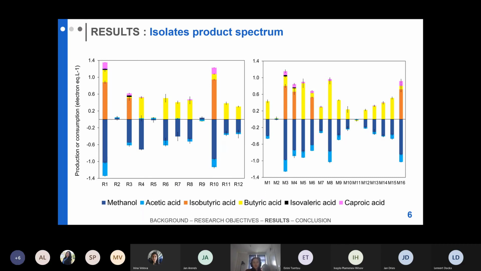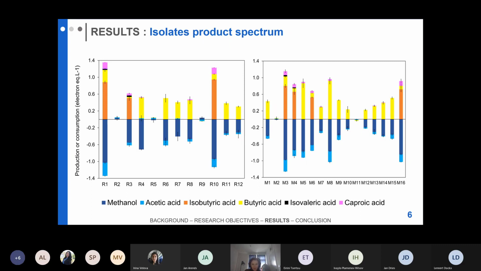After plating, I transferred all the isolates I obtained on the different media back to the synthetic medium in Hungate tubes to test their product profile when growing on methanol, acetate, and CO2 as well.